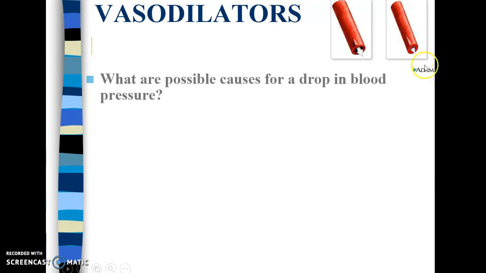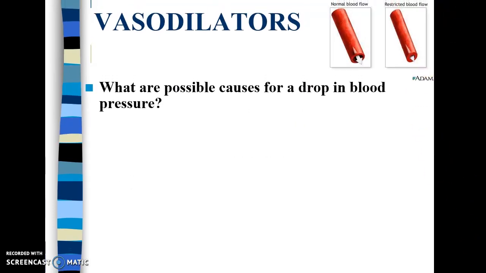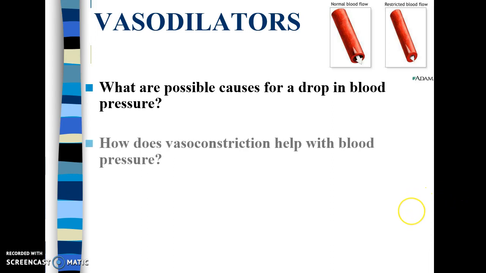So vasodilators, let me move my little frame here. Let's think about the possible causes for a drop in blood pressure. We can have things like hemorrhage and dehydration, but also if we have a weak, failing heart that's just not able to pump blood very forcefully through the vasculature, we're going to get a drop in blood pressure.